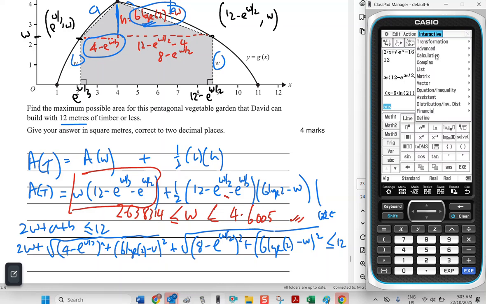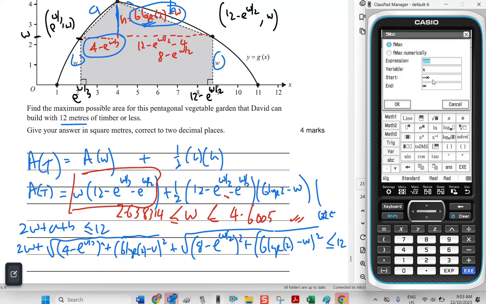Interactive calculation, Fmax. And I'm going to maximize it from 2.638314 through to 4.6005.